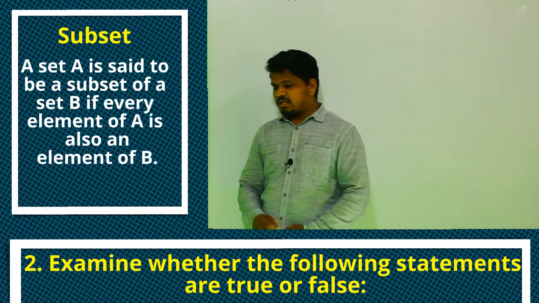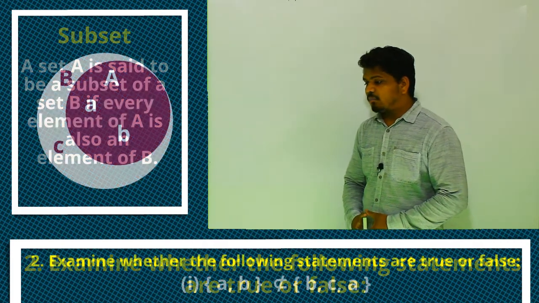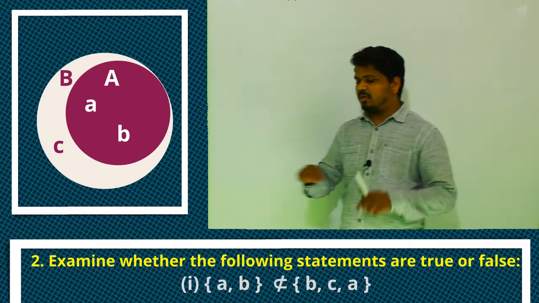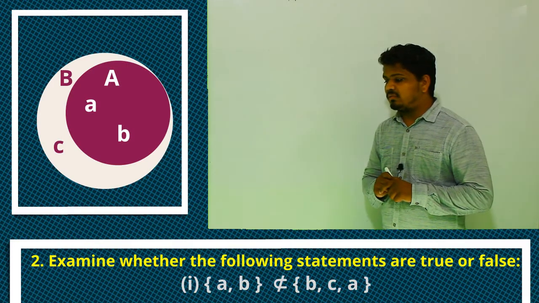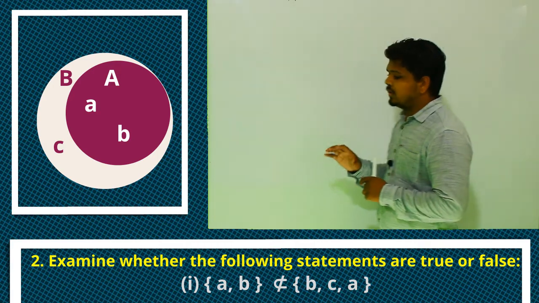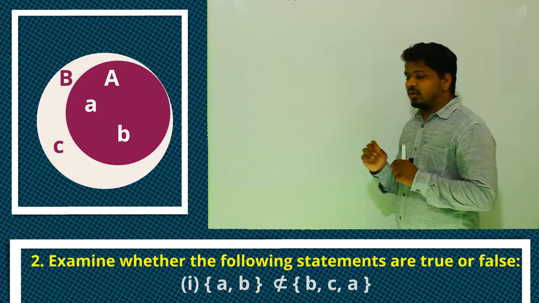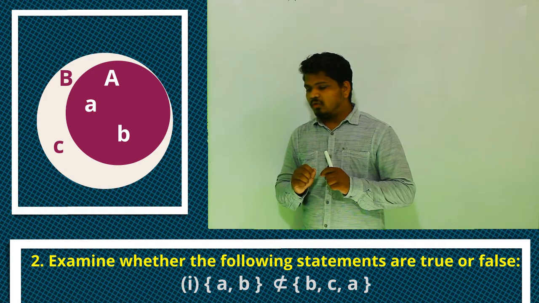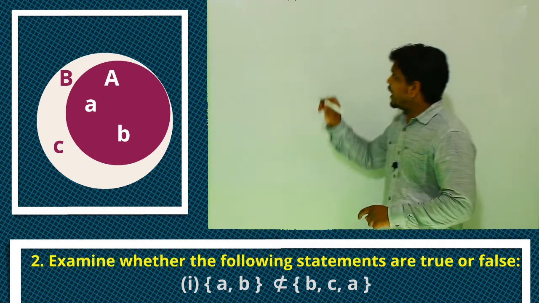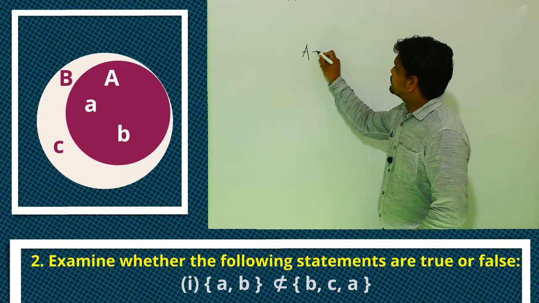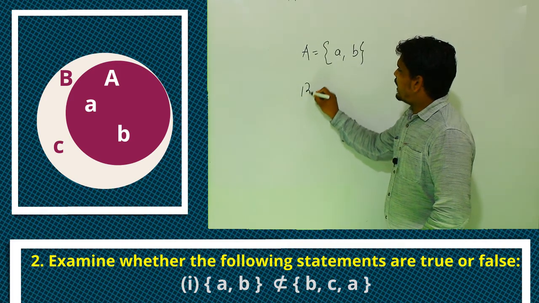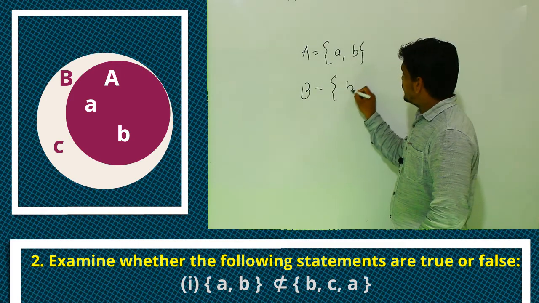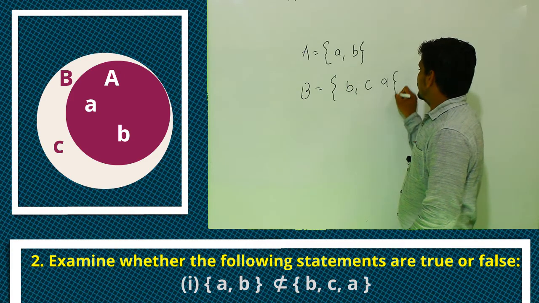Okay, now what next? Next is nothing but example number first. What does example number first say? Set {a, b} is a subset of set {b, c, a}. Okay, got it? Now set {a, b}: here you can see, for example, I will denote A as {a, b} and B as {b, c, a}.